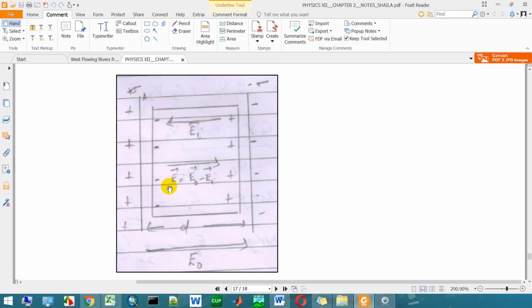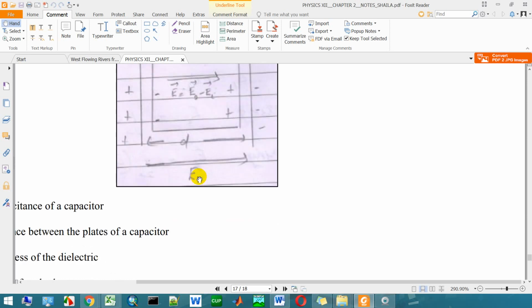The induced charges on the sides of the dielectric give rise to an induced electric field, and its direction is from positive to negative, but opposite to E naught. So the net field inside the dielectric is E naught minus Ei, due to dielectric polarization.